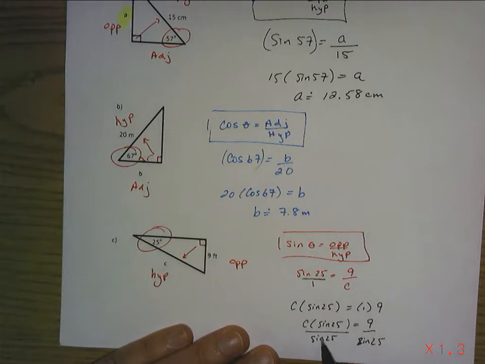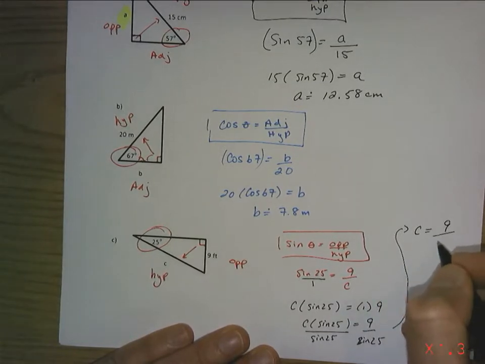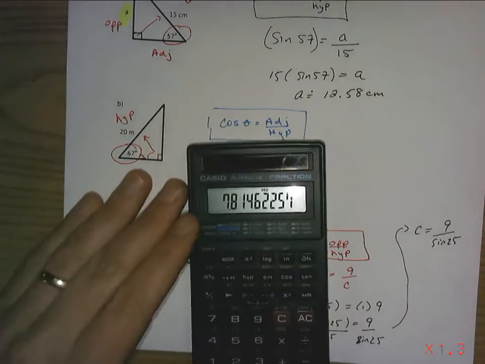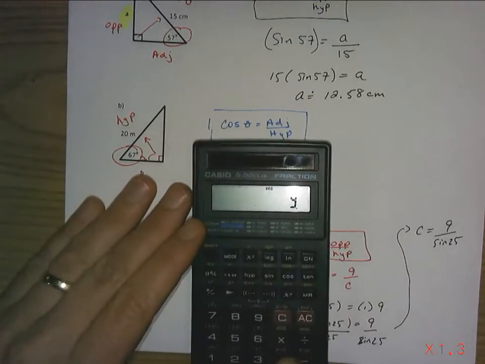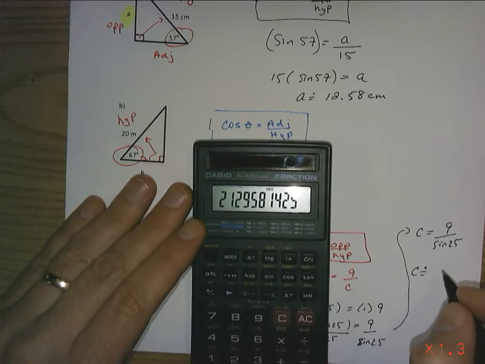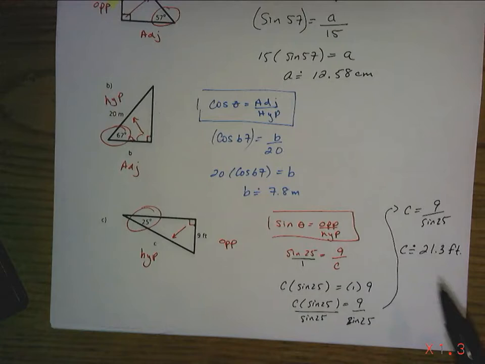These two will reduce out, and it's going to leave us with c equals 9 over sine of 25. Using your calculator, 9 divided by 25 sine equals, c equals approximately 21.3 feet. Now, this math is a little bit trickier than the other ones, but we have spent time in class this year learning how to deal with that.